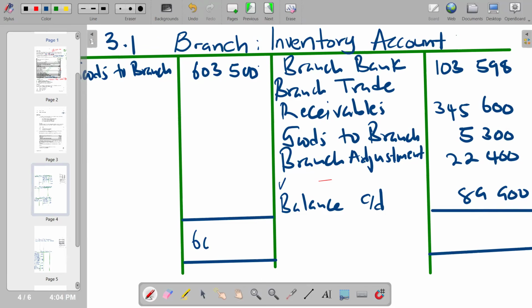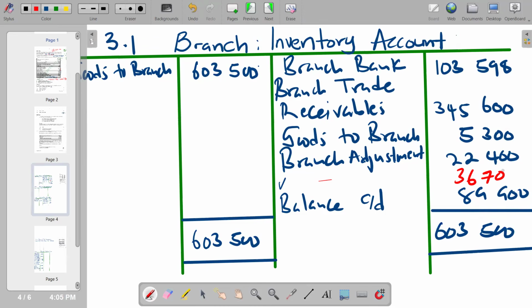So after you've added, you see that the debit side is the greater, which is 603,500, which we are also going to put on the credit side. Then we say 603,500 minus all we have on the credit side, and we are going to have a balancing figure, which is supposed to be 36,702.